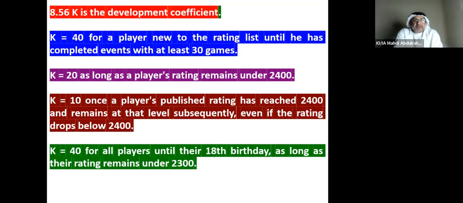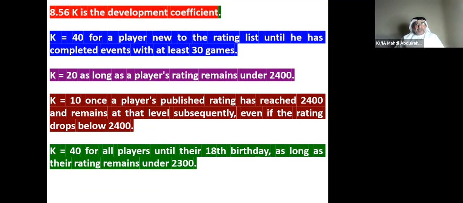K is the development coefficient. K equals 40 for all players new to the rating list until they have completed an event with at least 30 games. So any new player's K factor starts at 40 until they have played at least 30 games.